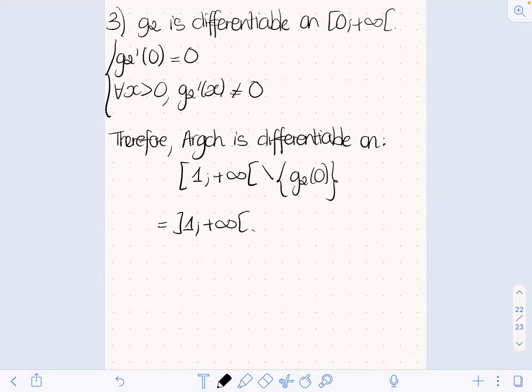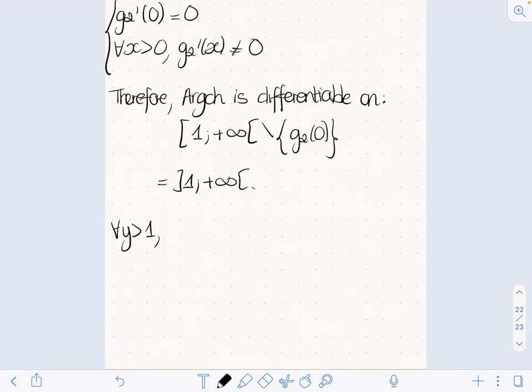So what we can now do is compute the derivative of argch. So for any y greater than 1, argch prime of y. We're going to apply the formula for the derivative of an inverse function. So if we consider f to be our initial function, we're going to have f prime applied to the inverse function.